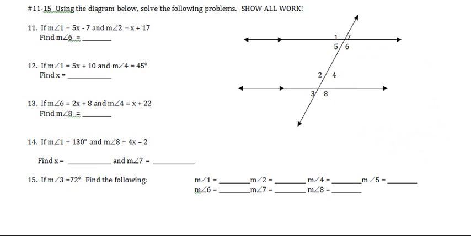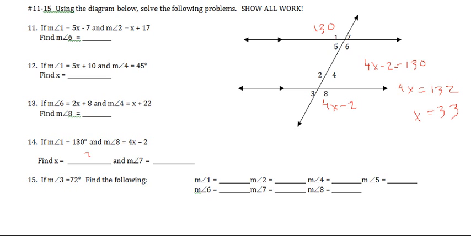Next one, have that work down. Next one, angle 1 is 130 degrees. Angle 8 right here is 4x minus 2. Alternate exterior angles are always congruent. So 4x equals 132. 132 divided by 4 means that x is going to equal 33.